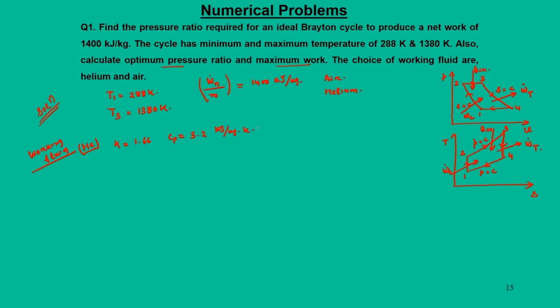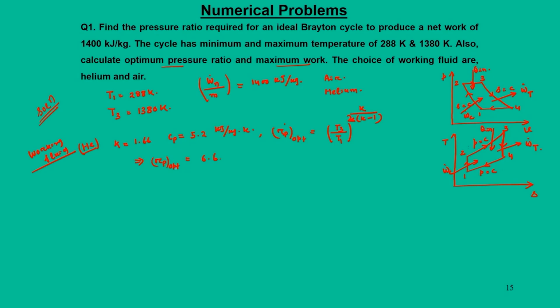And we also know the expression for Rp optimum, that is equal to T 3 by T 1 to the power k by twice into k minus 1. So, with this data, T 3 and T 1, we can find out Rp optimum value for helium, which is 6.6, by inserting T 3, T 1 and k.